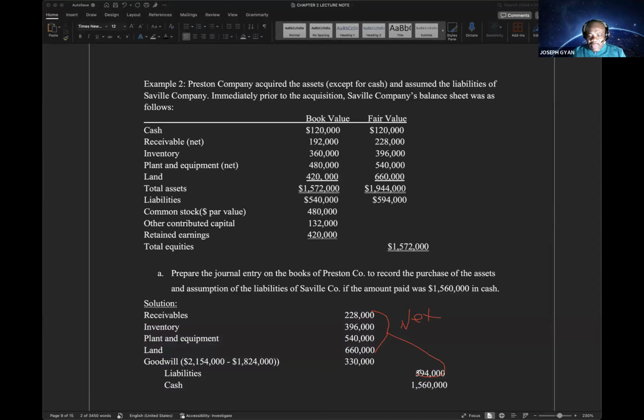Then we subtract it from the cash we are paying, and then we can determine the goodwill here. Or you can add all the debit side here and subtract from the credit side here. If the credit side is greater than the debit side, that creates the goodwill. If your debit side here is greater than your credit side, it creates the gain. It means that you gain on the acquisition of the company.